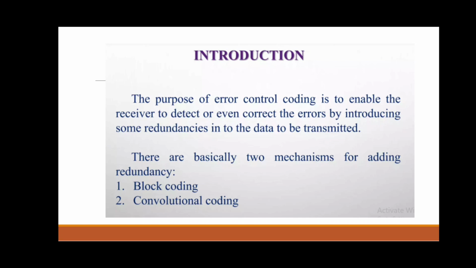Then we also have convolutional coding, in which, instead of coding a whole block of data or message, we code a stream of bits one by one according to the input given to the convolutional encoder.